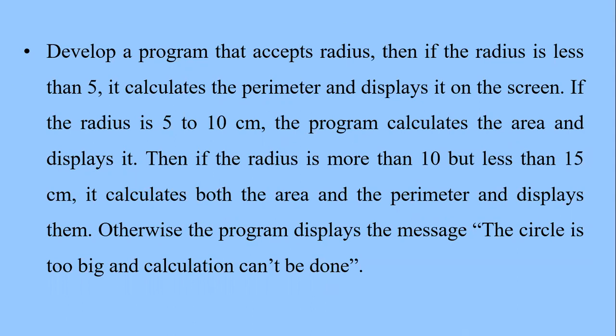Otherwise, if the radius is more than 10, it is greater than 10, but less than 15, it will calculate both area and perimeter and display the area and perimeter on the screen. Otherwise, the program displays the message, the circle is too big and the calculation can't be done.